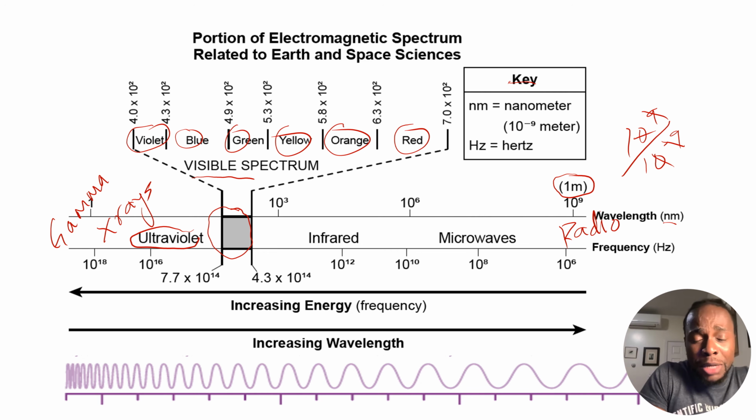Similarly, that means 10 to the power of 6 would be 10 to the power of -3, and then 10 to the power of 3 here would be 10 to the power of -6. So I just want you to make that annotation there.